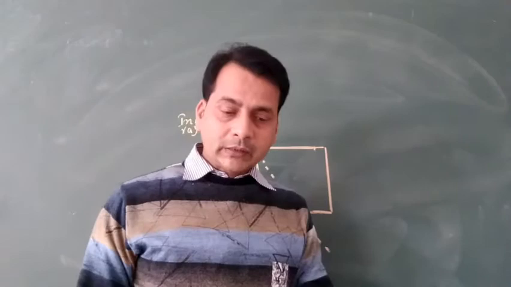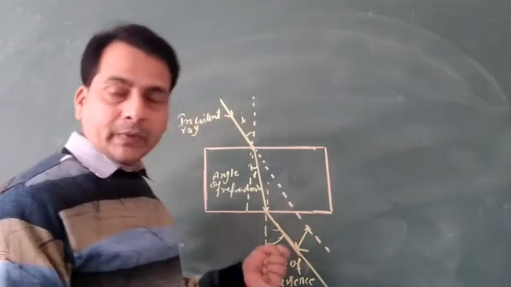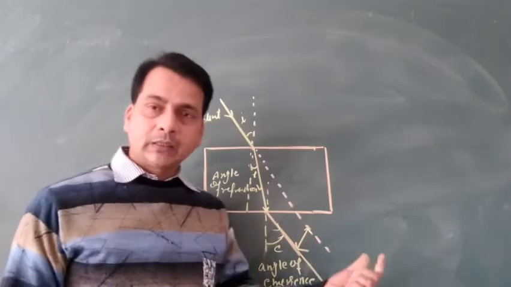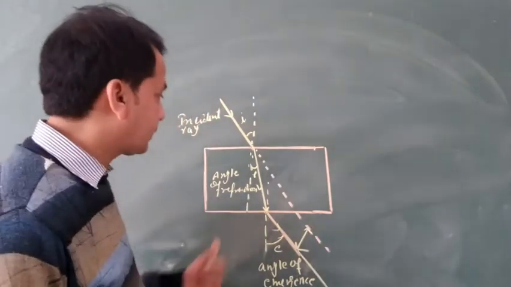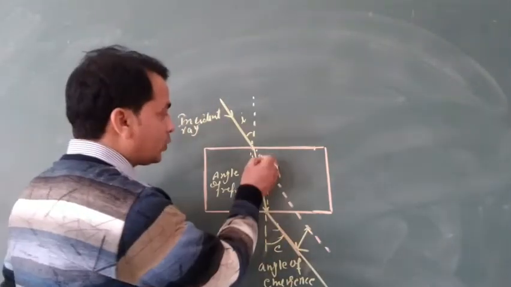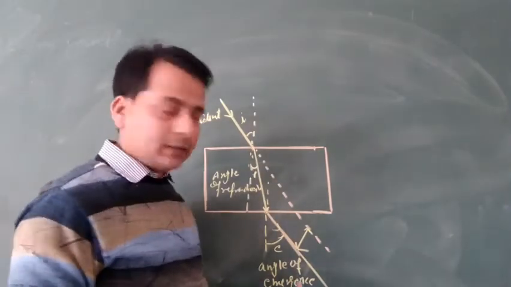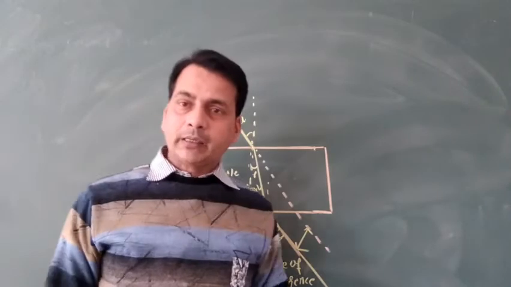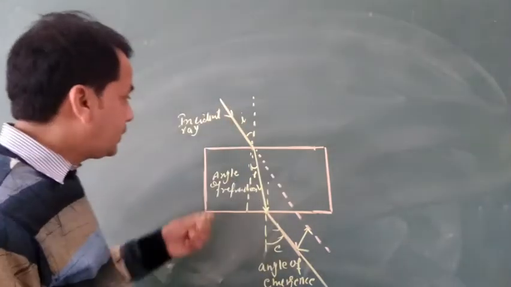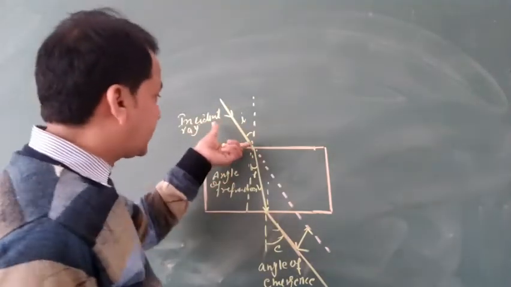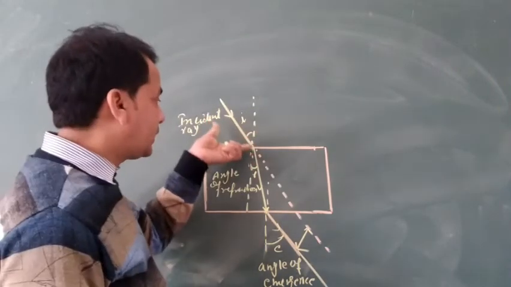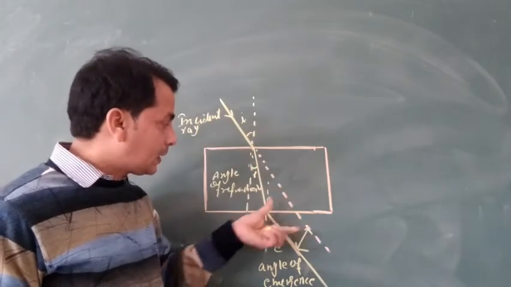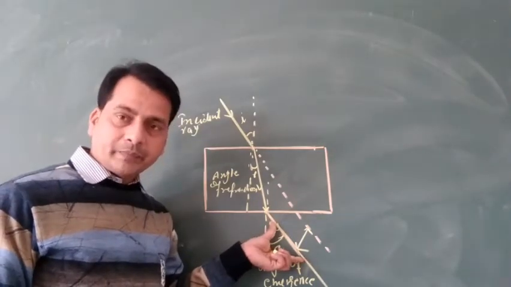Now the next part of this question, the lateral displacement. Lateral displacement means the perpendicular displacement between the original path of the incident ray and the emergent ray.